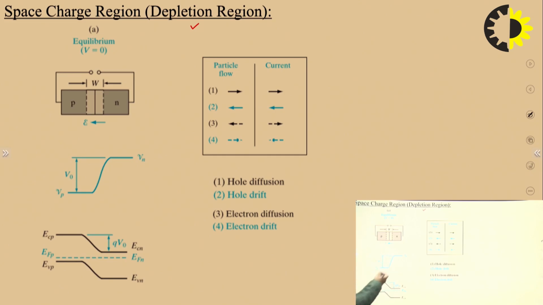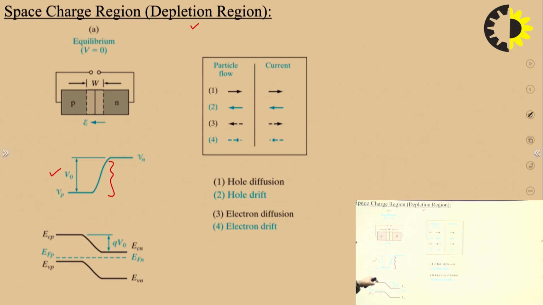You can see here this is the contact potential V0, the difference between the potential at the P side and the potential at the N side, and this height is known as the barrier height. Also we can say this is the contact potential, barrier height, etc., right?